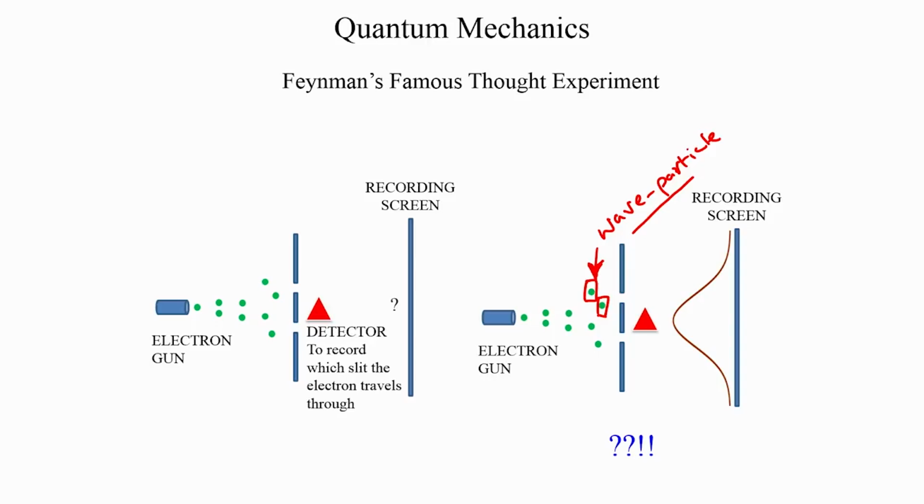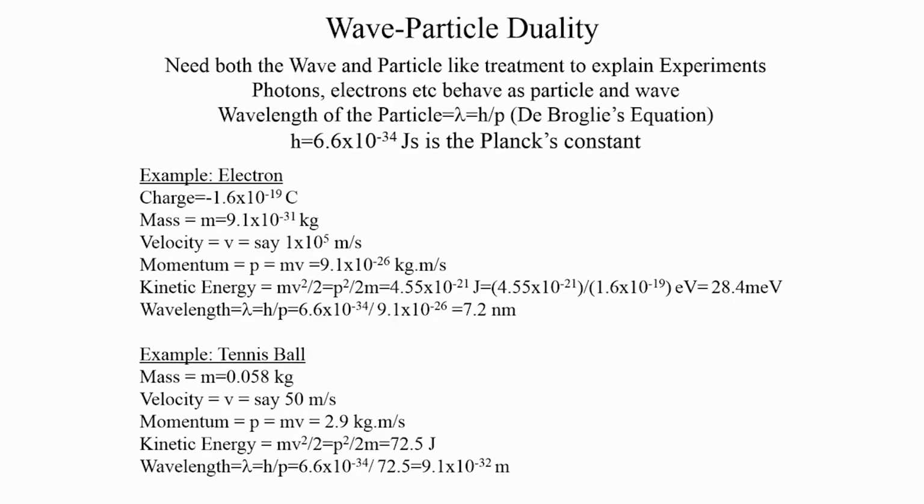So let us now try to understand this key concept of quantum mechanics, which is called the wave particle duality. Okay. And the idea of this concept is that both a wave like and a particle like treatment is needed to explain the experiments involving electrons, photons, or any other tiny particles.